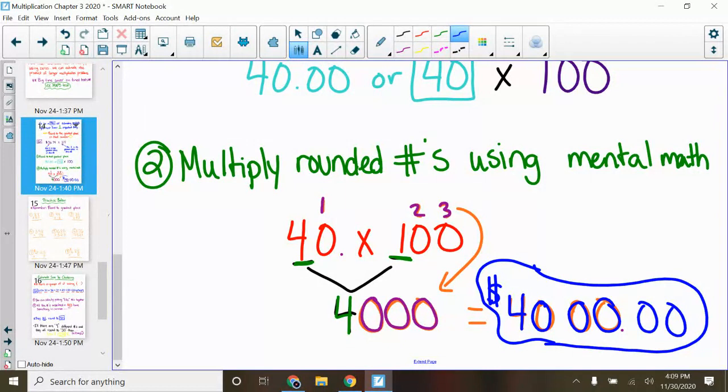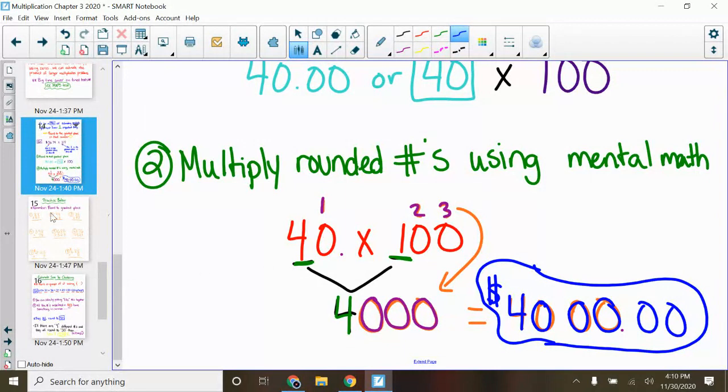So if I was looking to buy something where one of those items cost me $36.74 and I wanted to buy like 114 of them, if I did all of that math, it's going to cost me about $4,000 to buy all of that stuff. Okay, so at this point, I want you to kind of practice some.